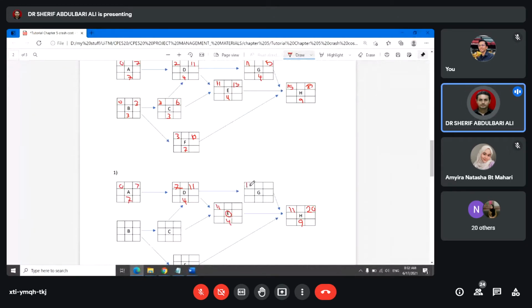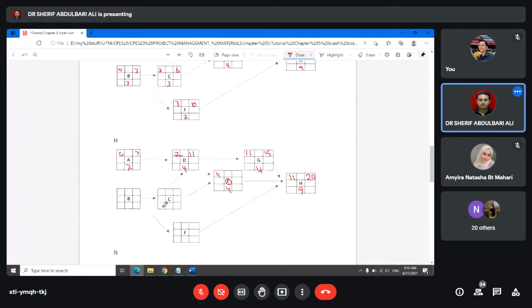This is 11 and this is 15. And this is 4. This one is 0, 3, 3, 6, 3, 7, and 10. This is our original matrix, our original AON.